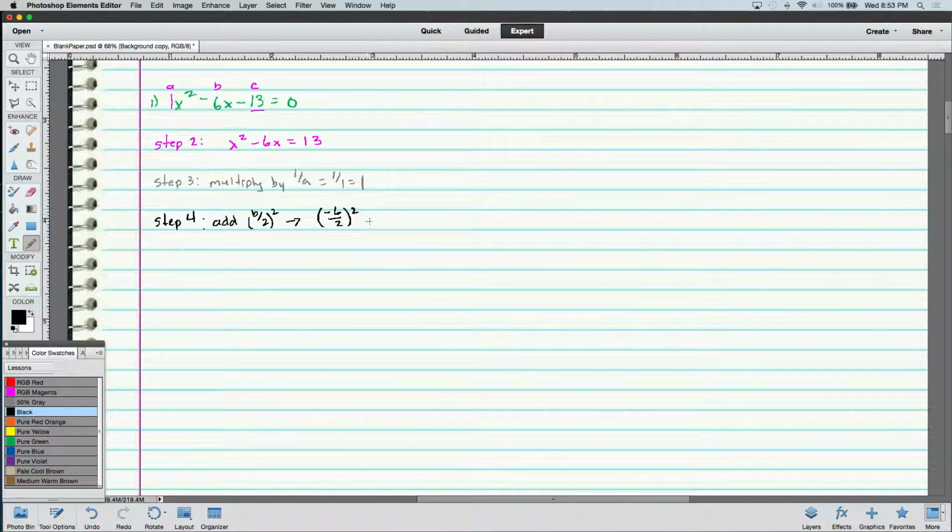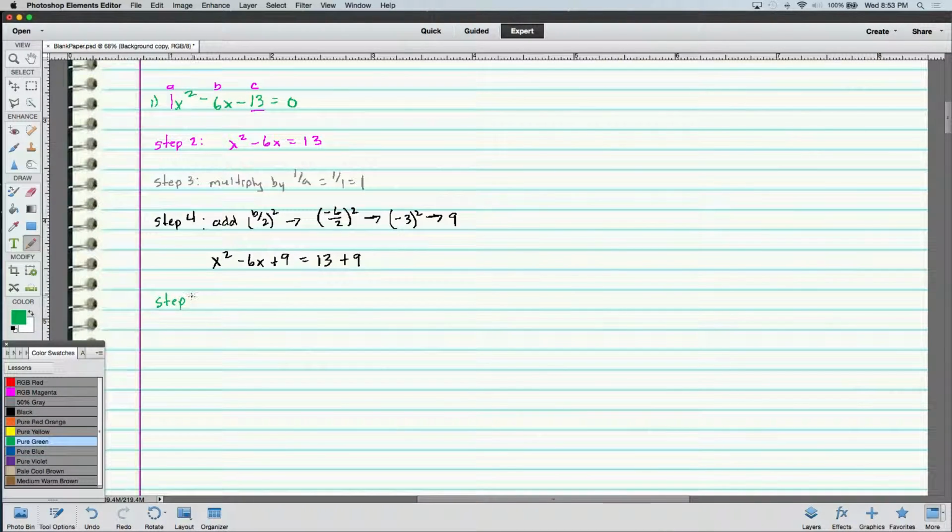So -6 over 2 squared is the same thing as -3 squared, which is 9. So we want to add 9 to both sides. So x squared minus 6x plus 9 equals 13 plus 9.